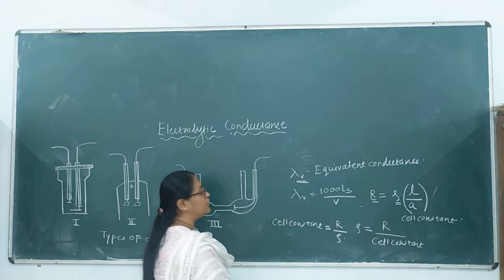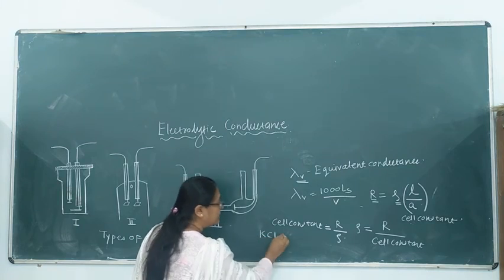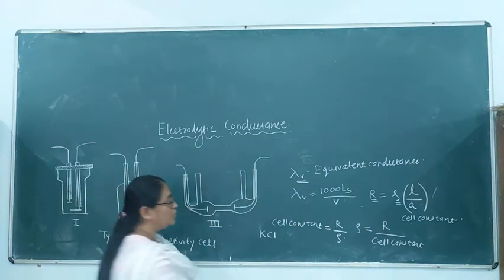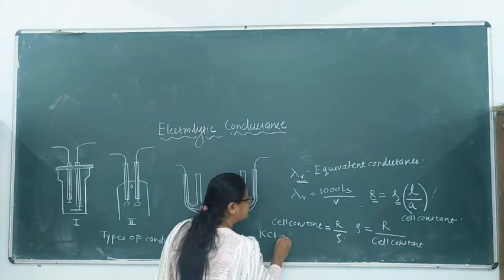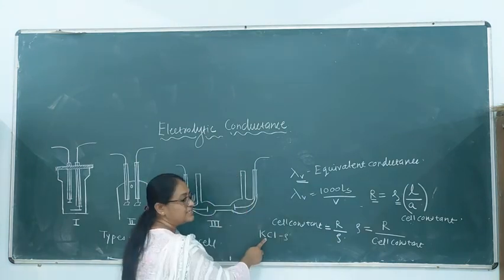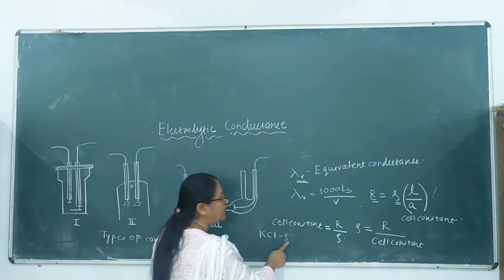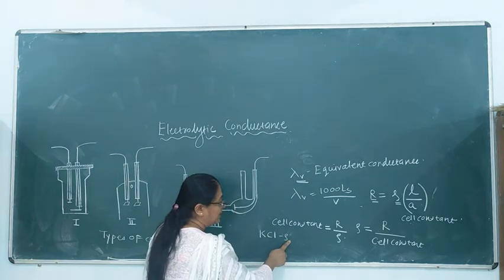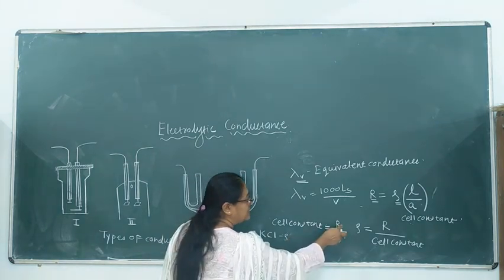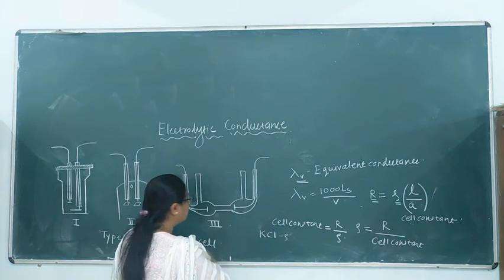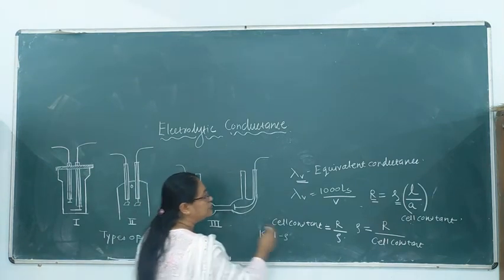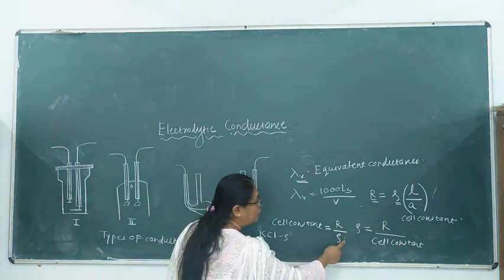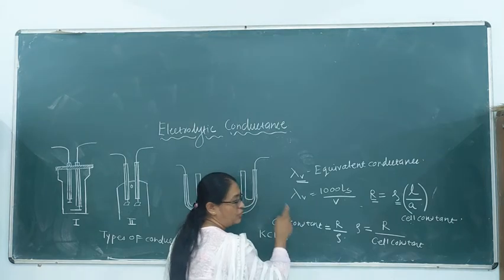Now to calculate cell constant, generally a potassium chloride solution of known specific resistance is used, and the resistance of that solution can be measured by using the conductivity cell. So once you know R and you know rho, you can calculate the cell constant.